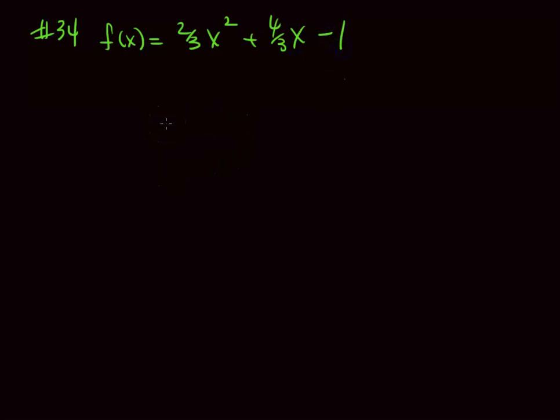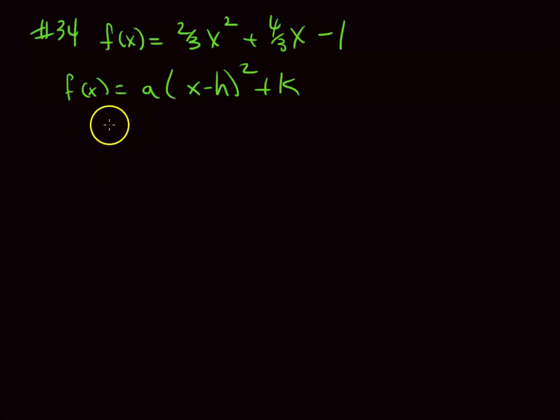So if we want to use transformations here, we might have to rewrite this. In fact, we will. We're going to have to write it in that form: f of x equals a times x minus h quantity squared plus k. That means we've got to complete the square on this.